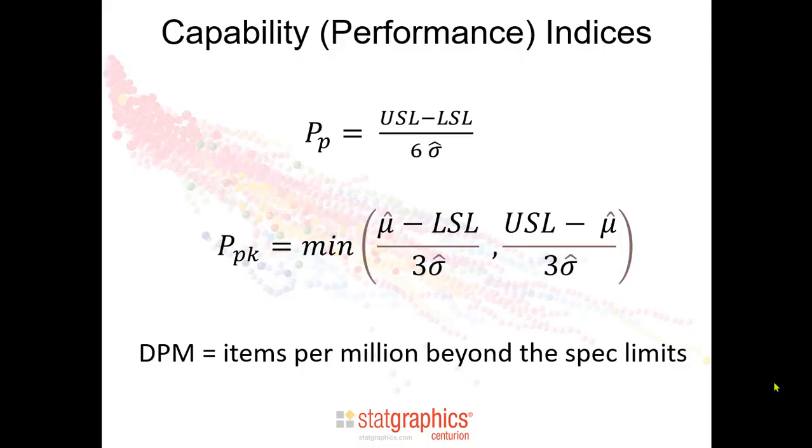The second index is PPK. This is the minimum distance between the estimated mean and the specification limits divided by 3 times the estimated sigma. Finally, we'll look at DPM, defects per million. This is the items per million beyond the specification limits.